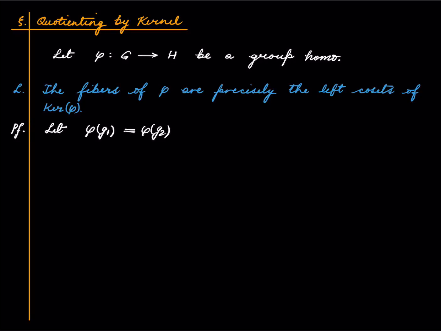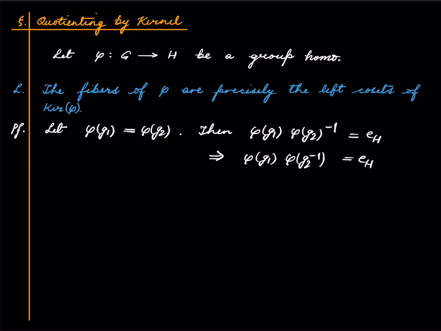So of course, g1 and g2 are elements of capital G. Then phi g1, phi g2 inverse equals identity of H, which by properties of group homomorphism is equal to that, which again by the definition that phi is a group homomorphism, we have that, which implies g1 g2 inverse is in the kernel.